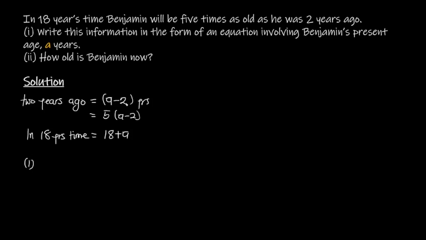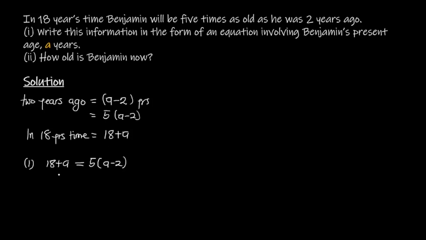In 18 years time, which is 18 plus A, Benjamin will be 5 times as old as he was 2 years ago. So this becomes our equation for us to solve.